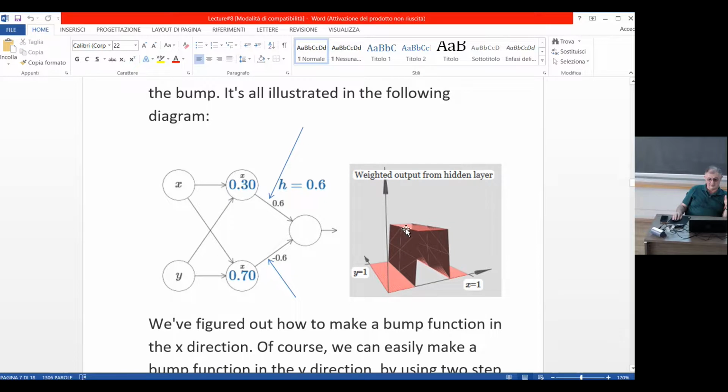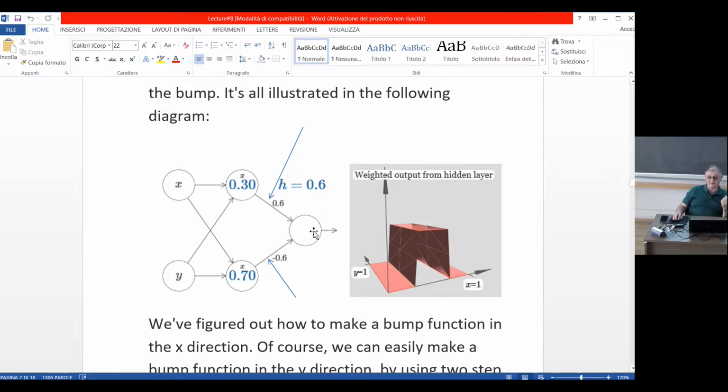Then we reach the height. It is 0.6, and this height is defined by the weight from the hidden neuron to the output neuron.